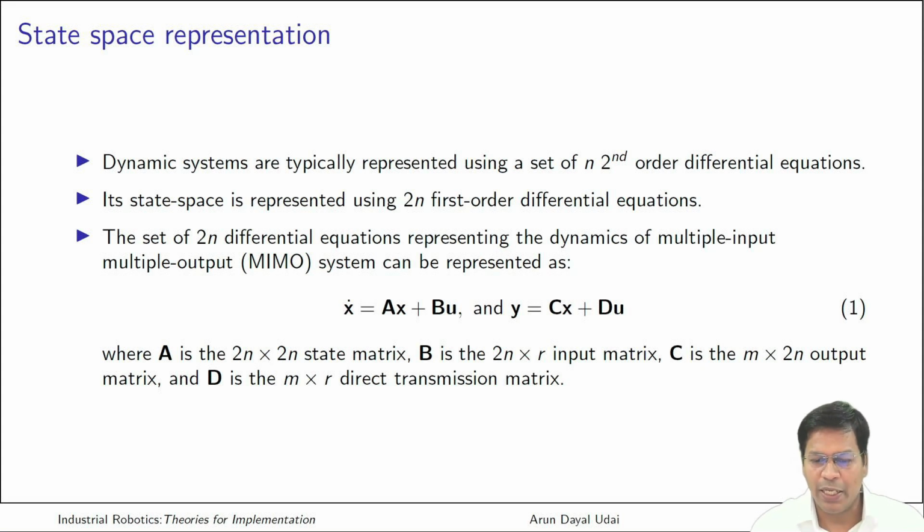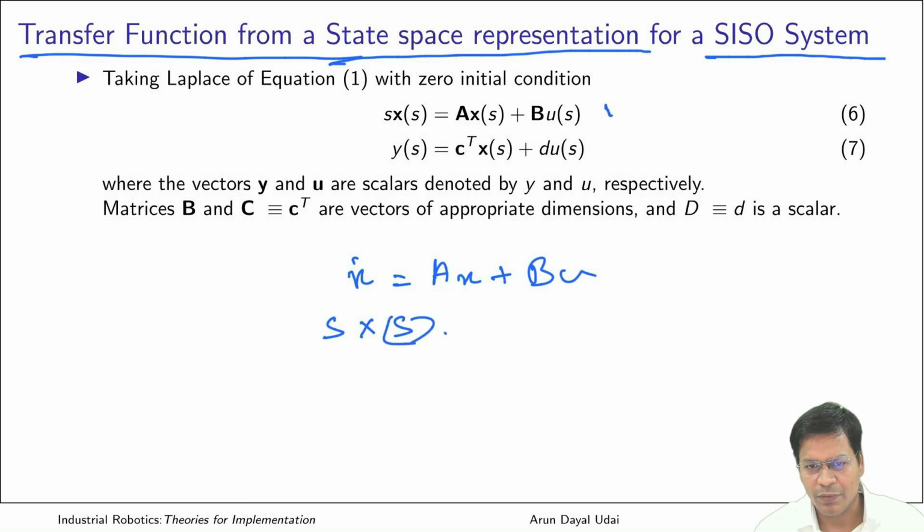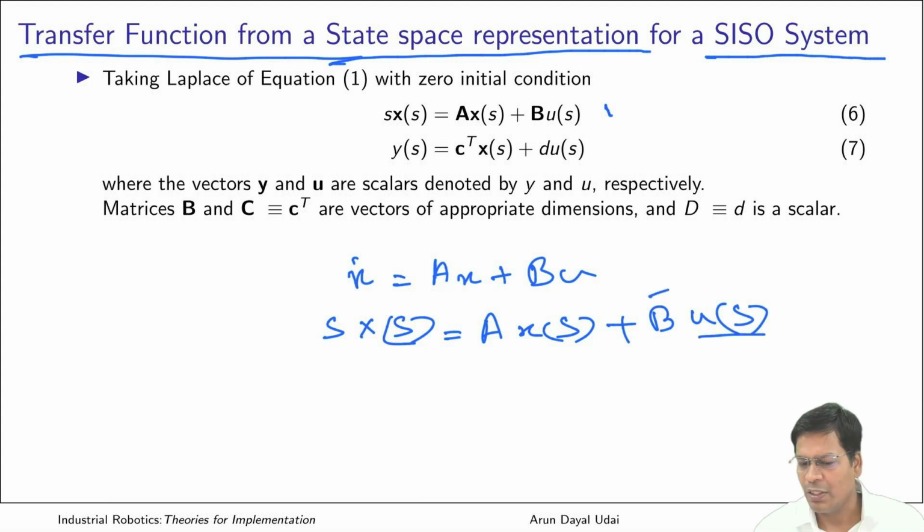So taking Laplace of both of these, let me do that here also. X dot is equal to AX plus BU. Taking Laplace should give me sX(s) is equal to A times X(s) plus B U(s). B is the matrix and U is in Laplace.